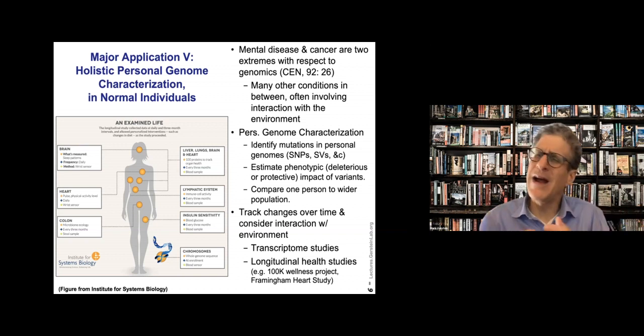Now it's not clear necessarily what all the actionable medical insights for this are, but it's tremendously illuminating. And I think more and more people are going to want to know about their underlying biology and the data associated with that. And so that's another big application.